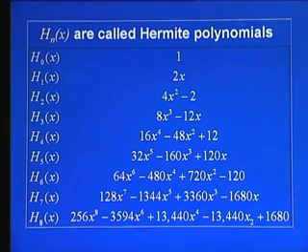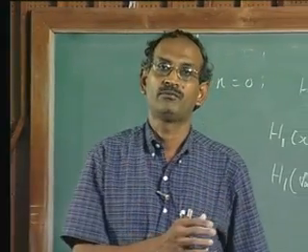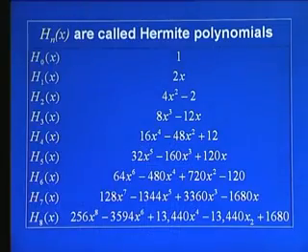Okay. You see, the first polynomial h1 of x is 2x, which is a function of x, but when x becomes minus of x, the function becomes minus. The next one, h2 of x, is 4x squared minus 2, which for both positive and negative values of x has the same value, 4x squared minus 2.